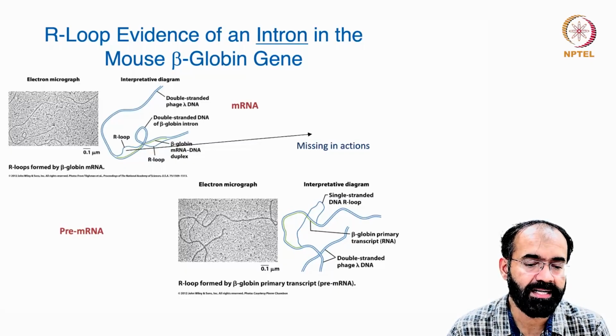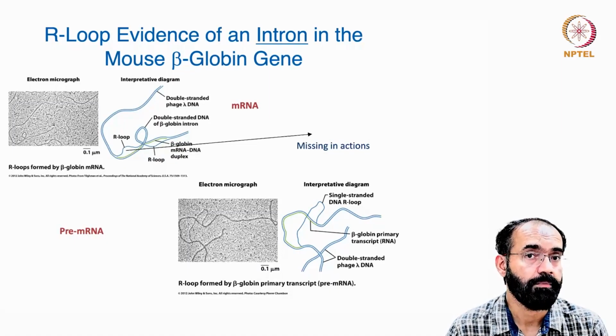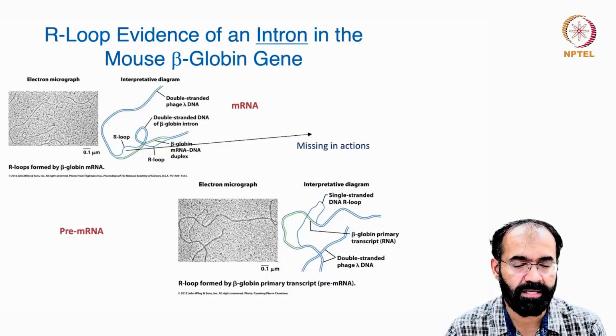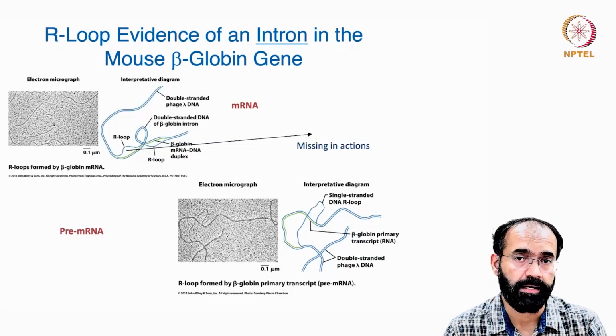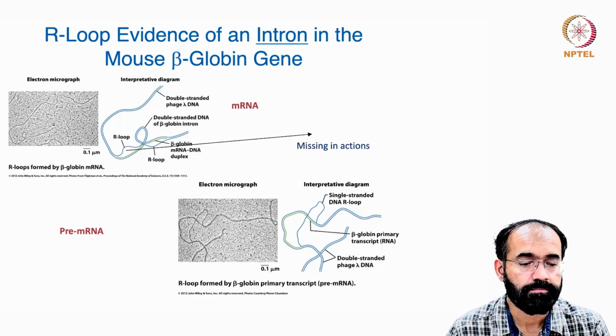You have a double stranded DNA, and you also have an R-loop that has occurred because you have hybridized it with a certain probe or RNA molecule, and of course radio labeling etc. are there because you need recognizability of the probe you are putting in. This is one electron micrograph and this is another electron micrograph.